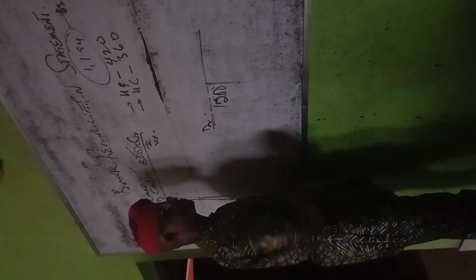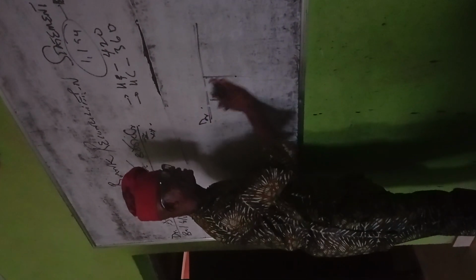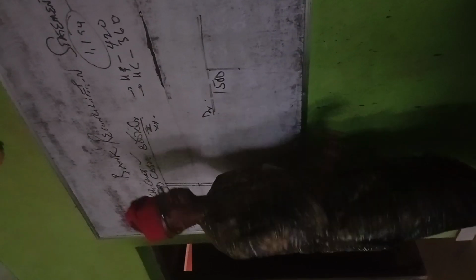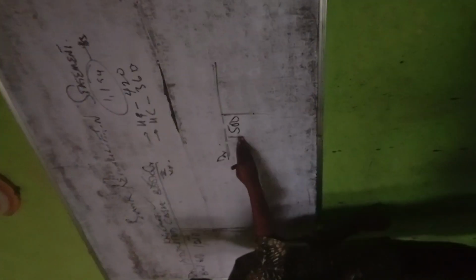But if it is overcast, you will take it to the other side. Say for instance, I am supposed to write 1,200 here, but mistakenly I wrote 1,500. These are overcast.